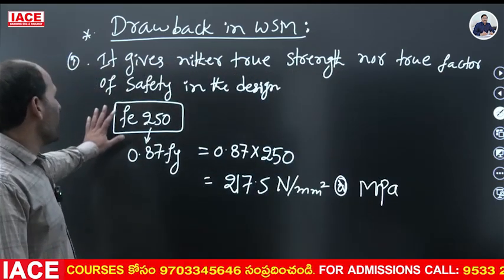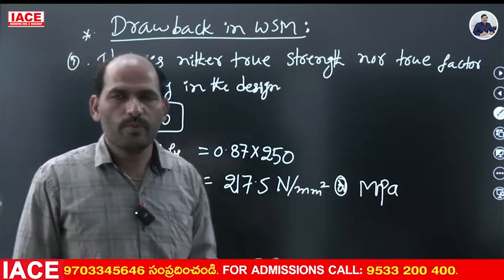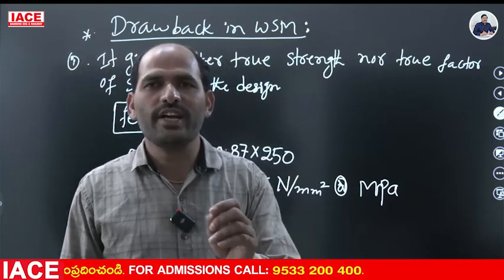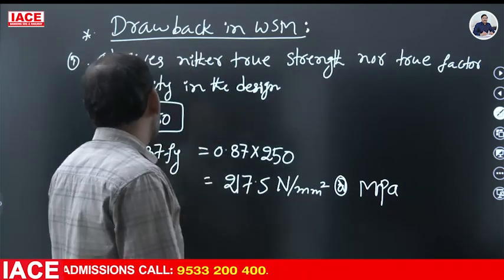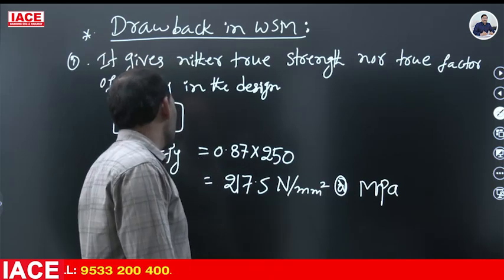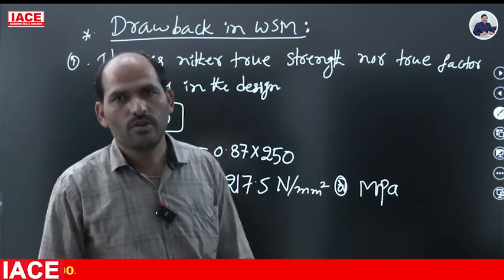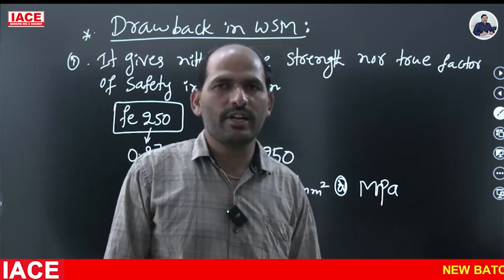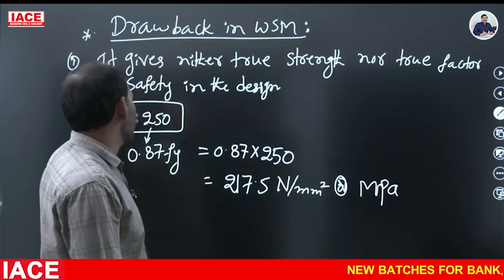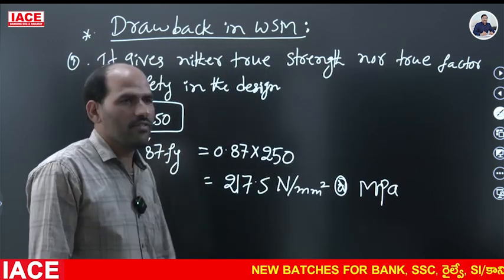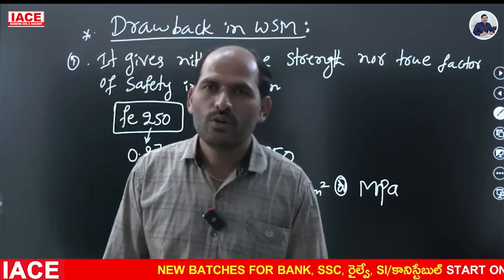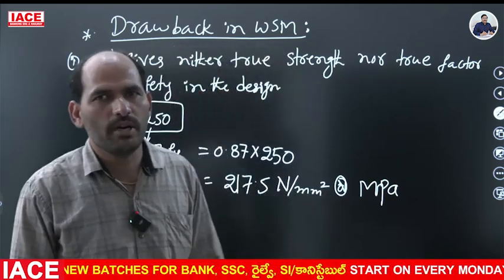So from the experiments point of view, for Fe 250 grade of steel, we multiply 0.87 times Fy, that is the grade of the steel 250, and finally we get 217.5 Newton per mm square.